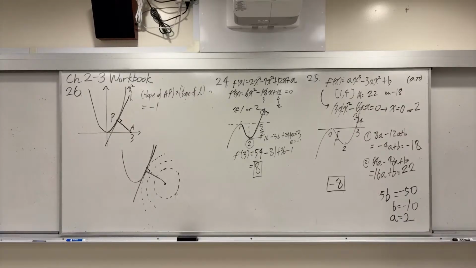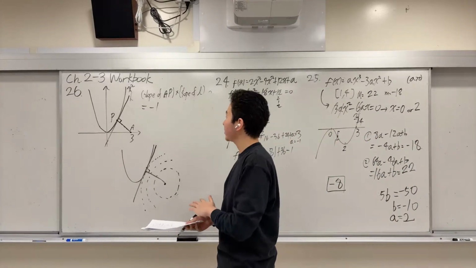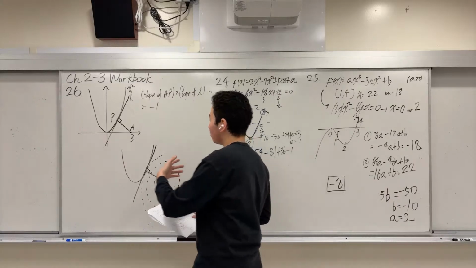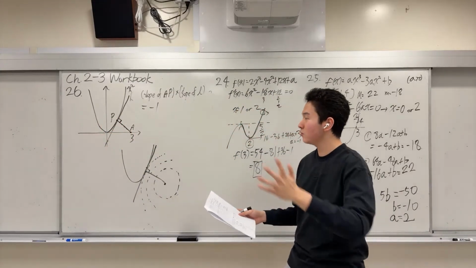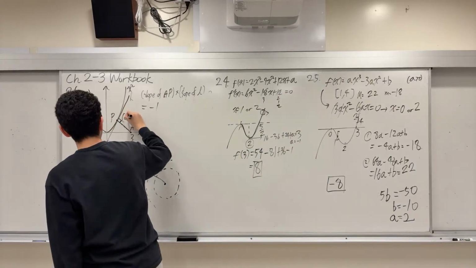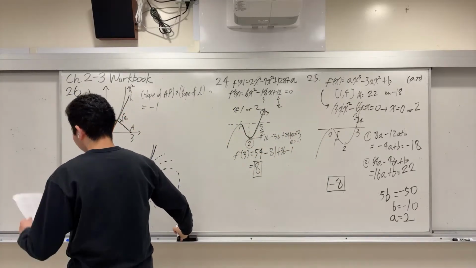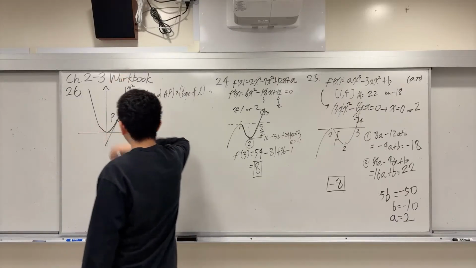And as you can see, this will greatly reduce the amount of algebra needed. Because if you were setting up the distance formula, you would have two squares, and then you would have all this to optimize. But if we call this point P, I'll just call this (a, a squared), right? Because it's on the parabola.